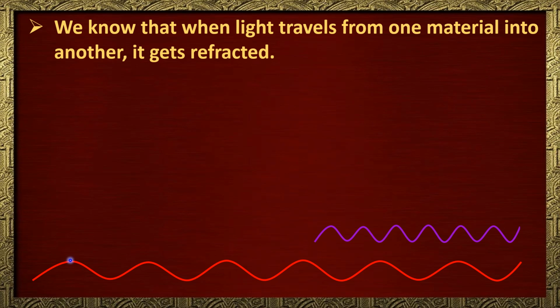Here, the distance between two consecutive crests or two consecutive troughs is called the wavelength. So here the wavelength is more, wavelength is less. Wavelength is less means frequency is more, isn't it? Wavelength is more means frequency is less. So this violet color light bends more, it gets refracted more, and red gets refracted less.